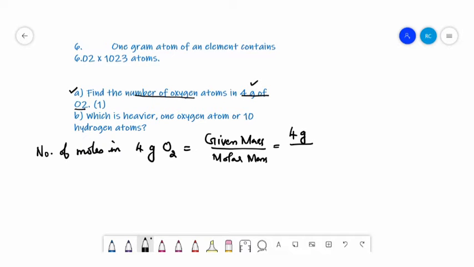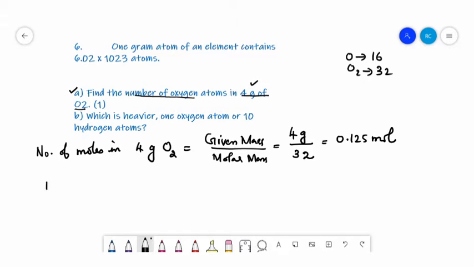What is the molar mass of O2? If it is O, the molar atomic mass is 16. Now this is O2, so it will be 32. So 4 gram divided by 32, on division, we will get 0.125 mole. So we found the number of moles in 4 gram O2.